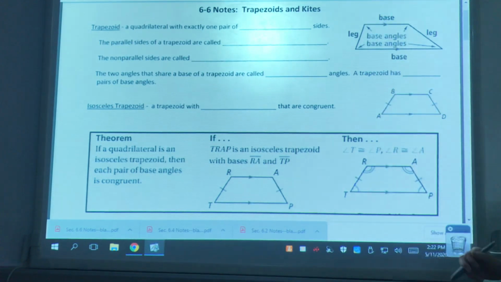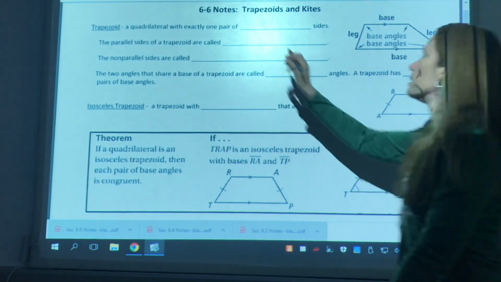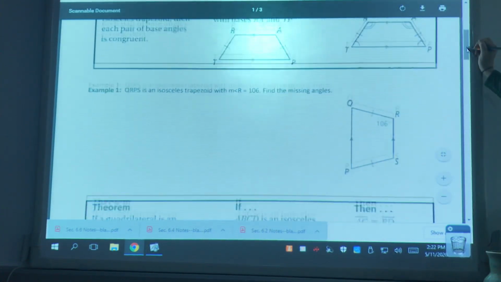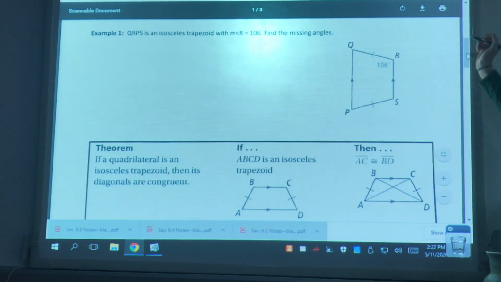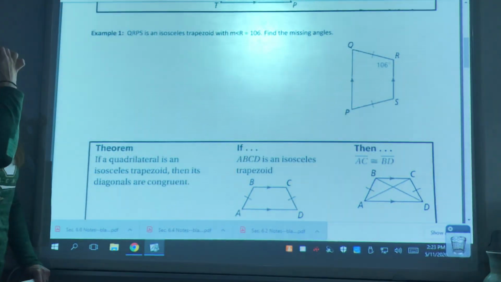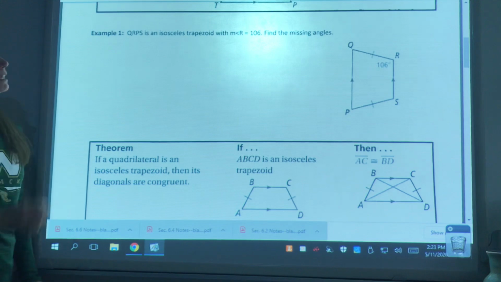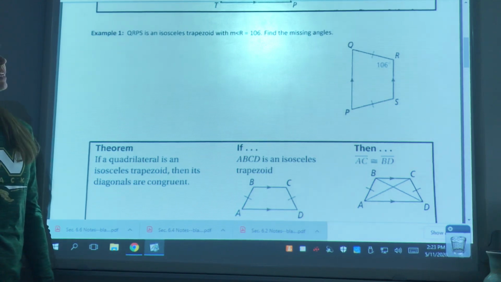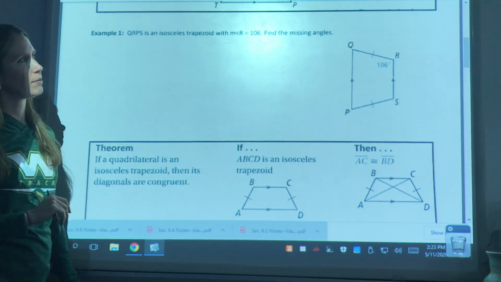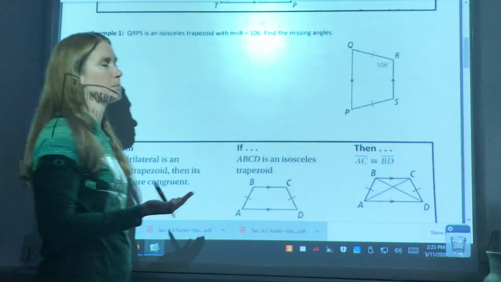So if I go and get that cleared and moved up, we can try example 1. That's pretty quick. So, on example 1, it says QRPS is an isosceles trapezoid with angle R is 106, and they already have that filled in the picture for me. And then I'm going to fill in the missing pieces here.